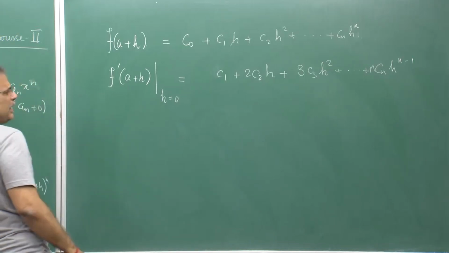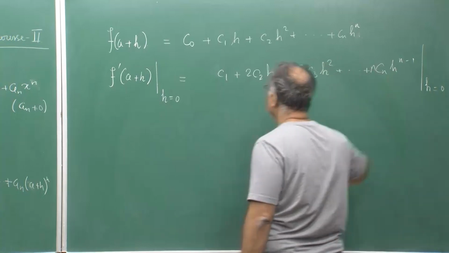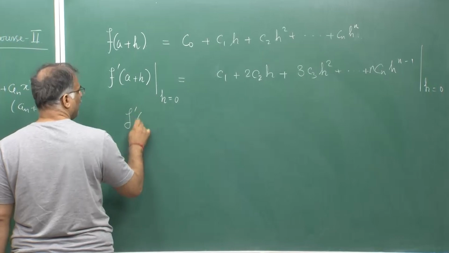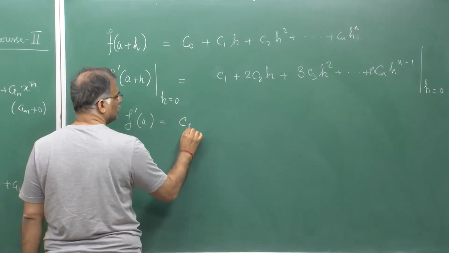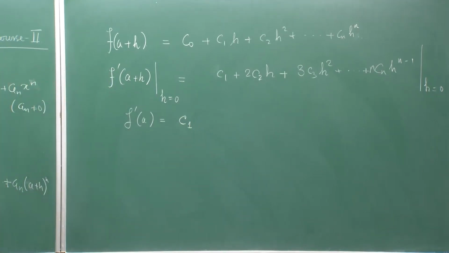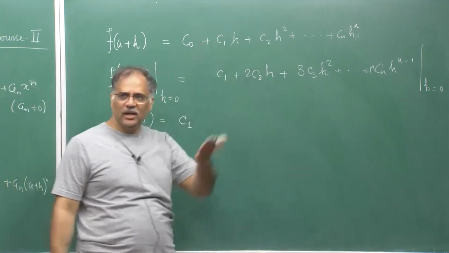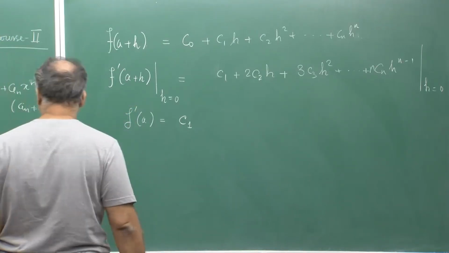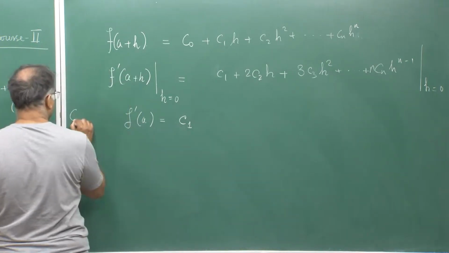Now I am computing it at h equal to 0. So f dash a at h equal to 0 means f dash a is equal to c1. What about c0? Oh, just put h equal to 0 here. If you put h equal to 0, f(a) is equal to c0. So your c0 is equal to f(a).